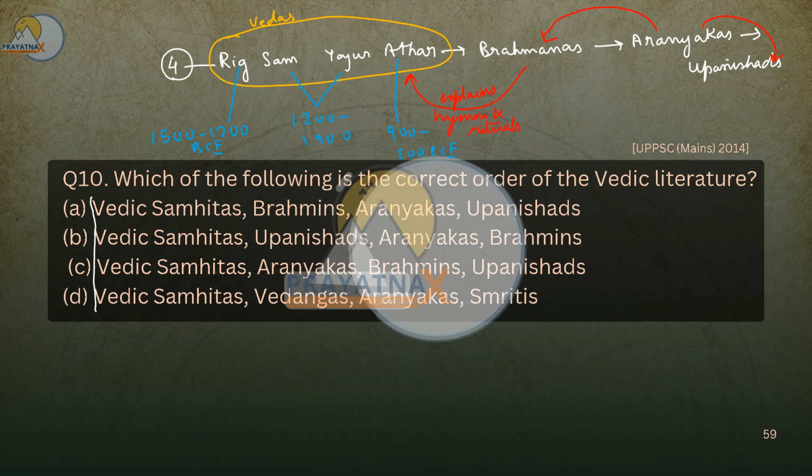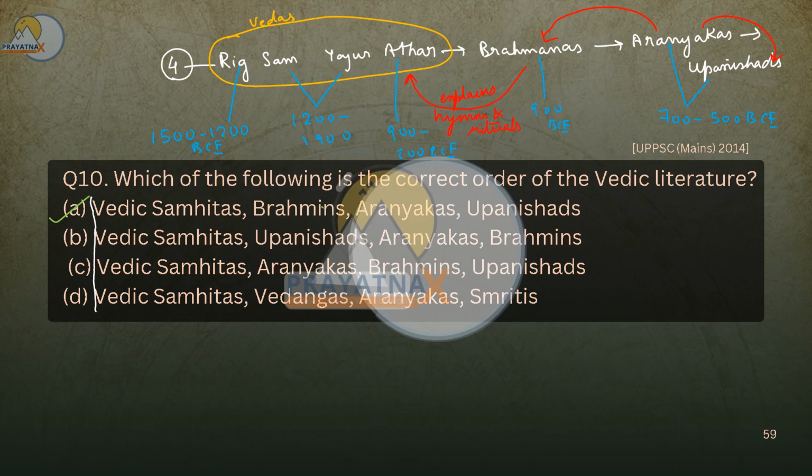After the Samhitas, the Brahmanas followed, and dating can be around 900 BCE. Aranyakas and Upanishads are dated at around 700 to 500 BCE.